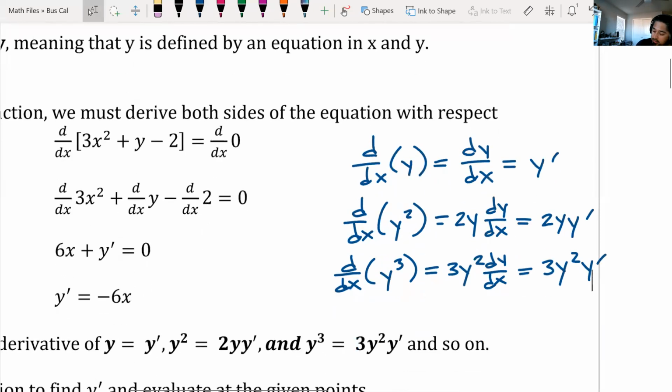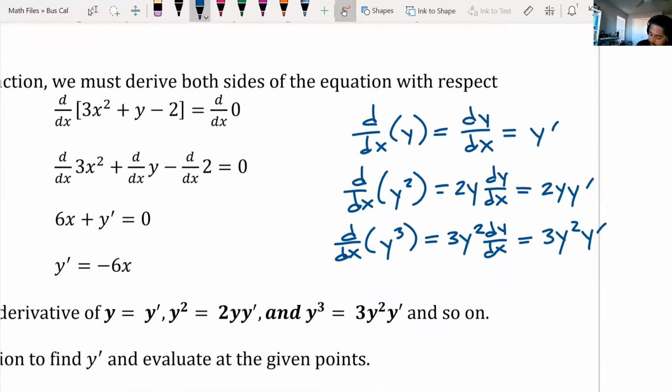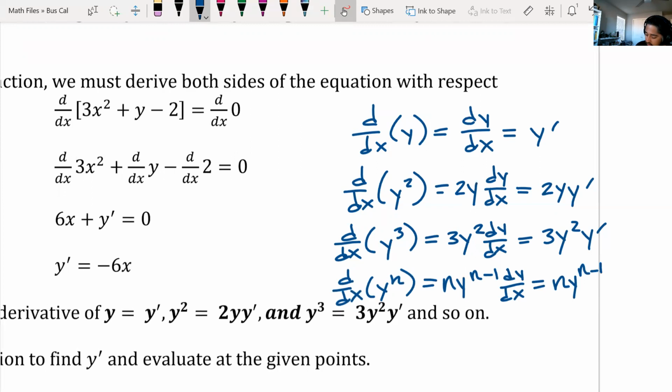And then for any other power, y to the n, you'd get n times y to the n minus 1 dy over dx, or n times y to the n minus 1 y prime.